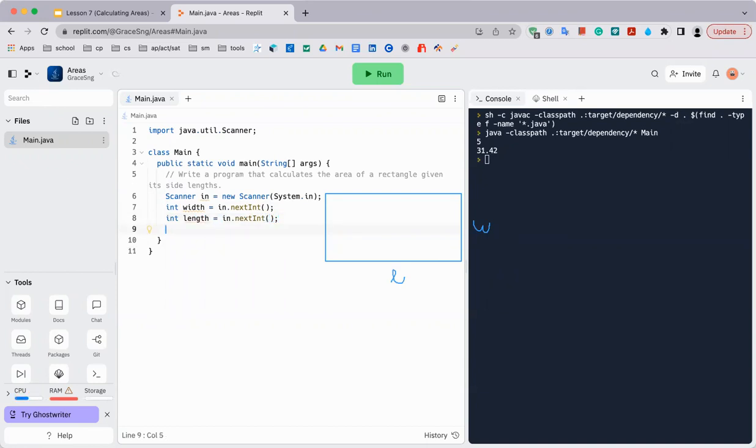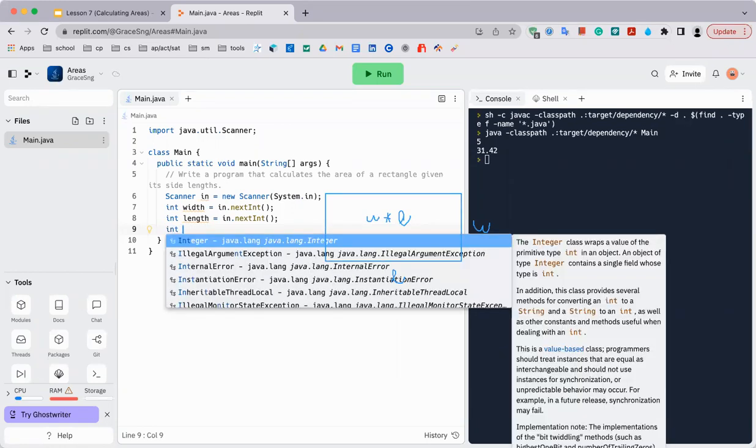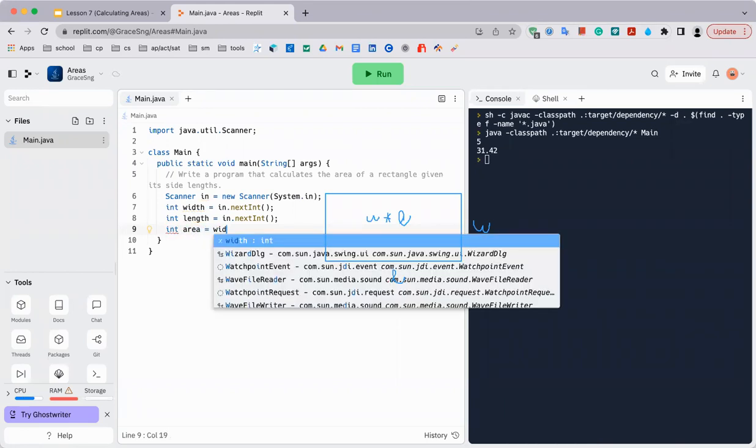Okay, now I have my width and length, and what this problem is asking for is the area. So the formula for the area of a rectangle is simply width times length. So all I have to do is calculate that, and I'm going to store that in another integer variable called area.